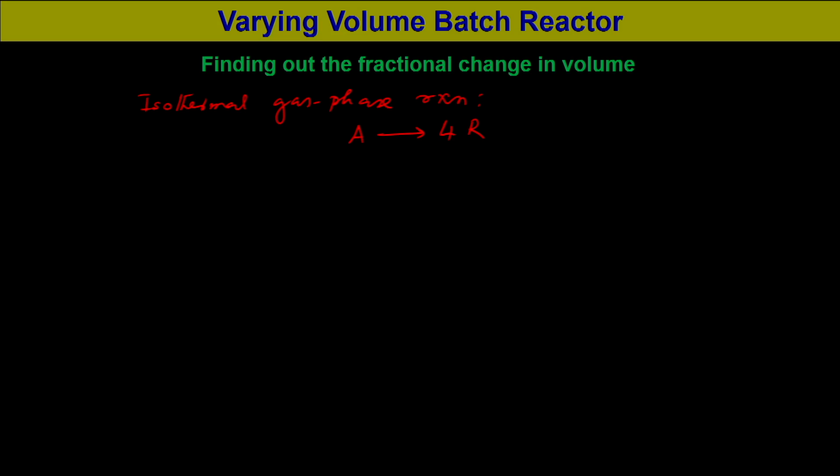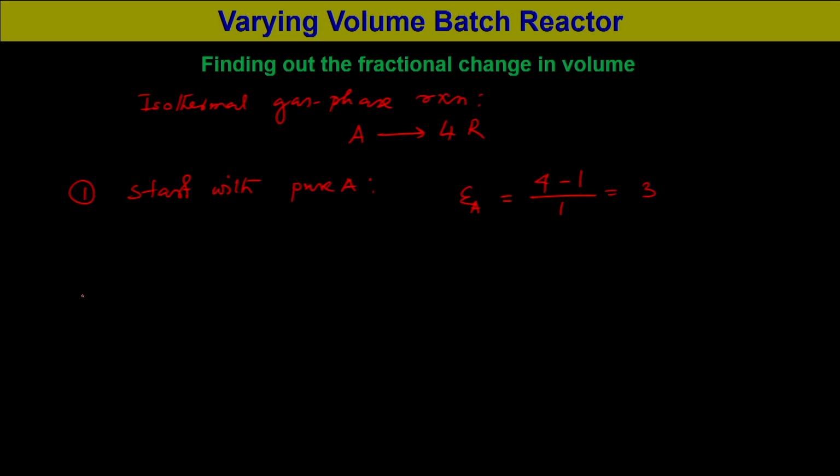Now, if we start with pure A, then our epsilon A would be, as per the stoichiometry, 1 mole of A produces 4 moles of R. So, it would be 4 minus 1 divided by 1, which is equal to 3. So, epsilon A would be 3.